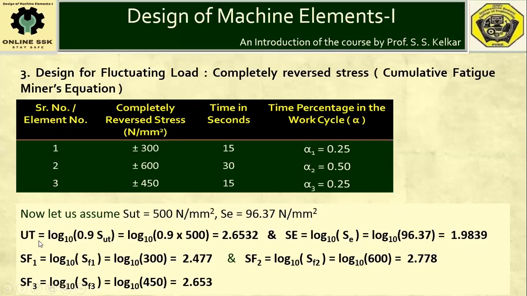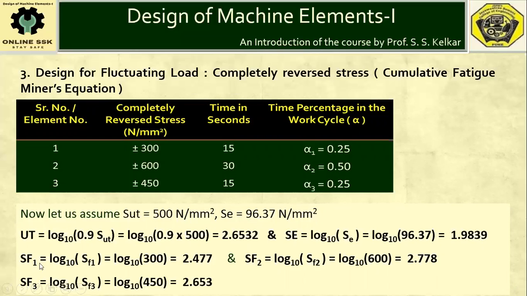So, UT will be calculated based on this equation, based on the value of SUT: log to base 10 of 0.9 times SUT will indicate UT. On similar lines, capital AC will be calculated as log to base 10 of AC. So the values will be as shown here.